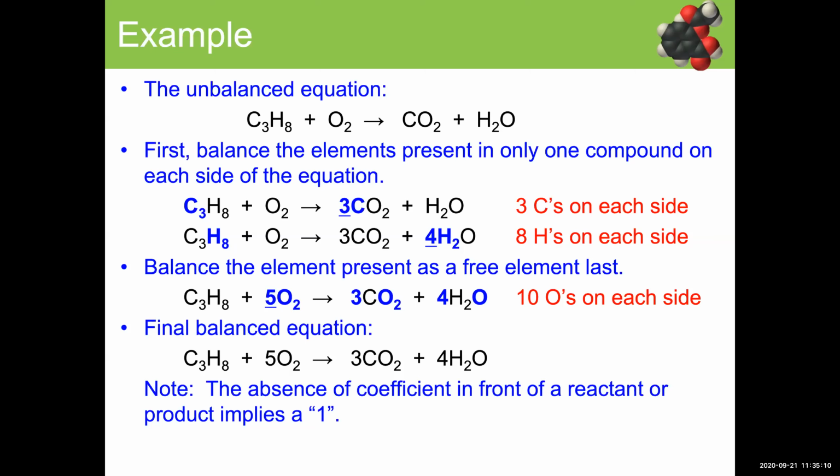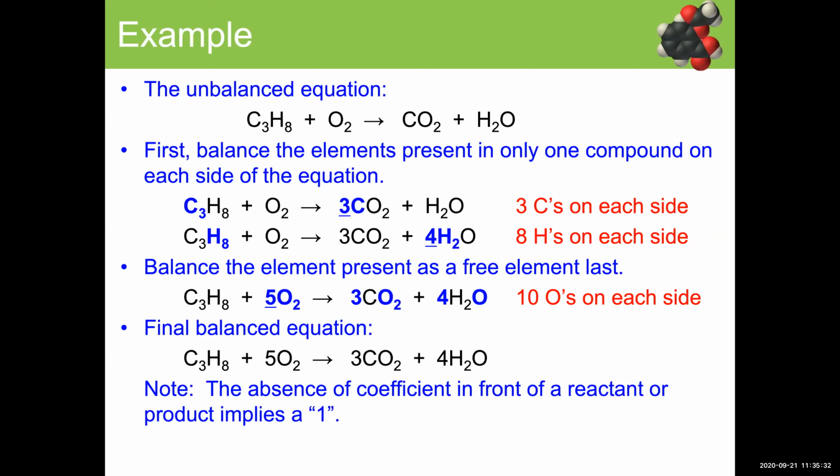On the right, our only source of hydrogen is the water molecule, and we have 2 of those. So we have 2 on the right, 8 on the left. To balance, we'd want 4 as the coefficient for the water, because 2 times 4 is 8. That gives us 8 hydrogens on each side.